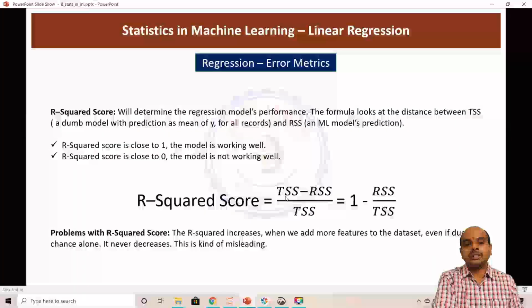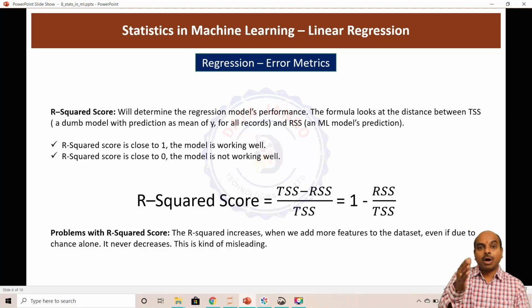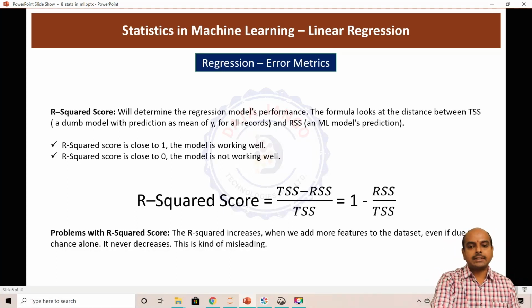If you subtract 0 from TSS, the numerator is going to be TSS. TSS divided by TSS is going to be 1. That means if the model is working too well, RSS is going to be very close to 0, and the R-square score is going to come close to 1.